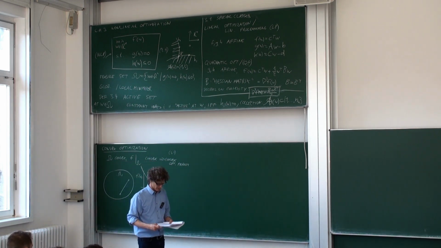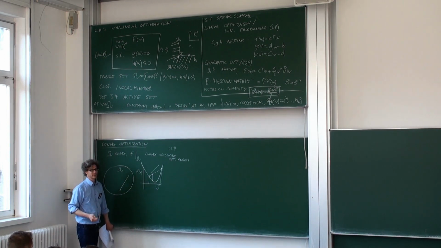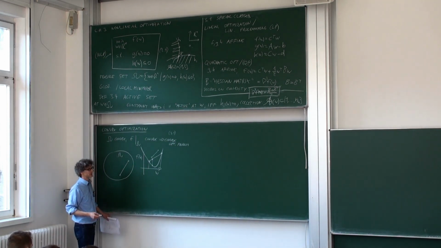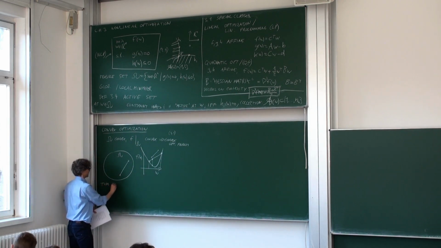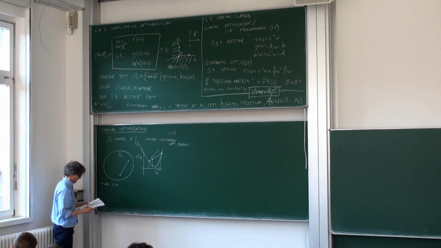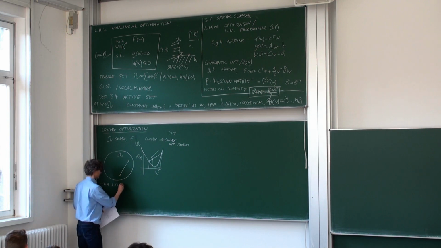But there's one theorem which makes convexity so interesting and which you can also very easily prove actually. The theorem is called theorem 3.10: local implies global optimality for convex problems.